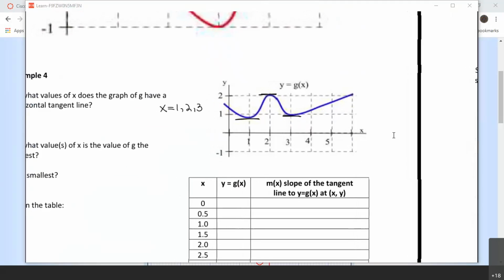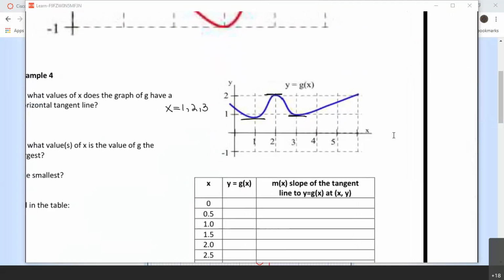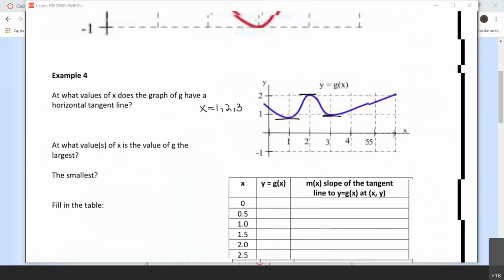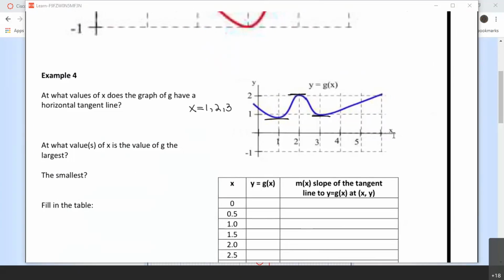Again, the largest value is where? Where's the largest y value? Okay, and how about the smallest?